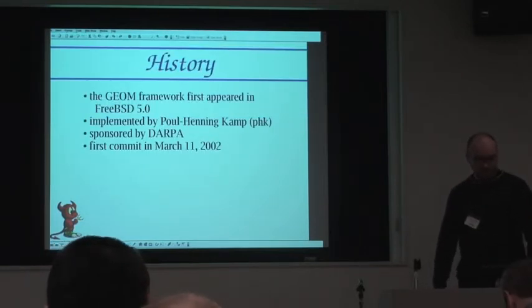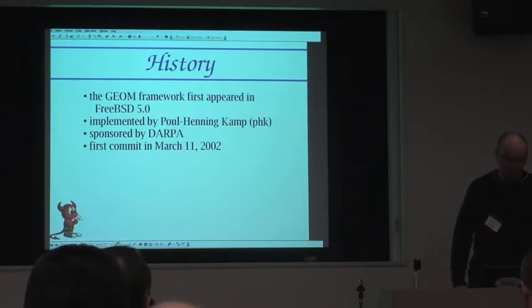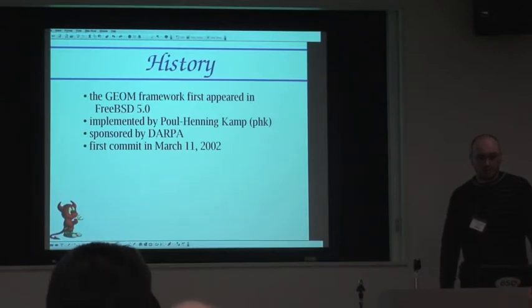Okay, so a bit of history. GEOM has been in the FreeBSD CVS tree for about 6 years now. It was first committed to FreeBSD 5, and this is basically when we started to remove all the old hacks and integrate all the device drivers and file systems with GEOM.